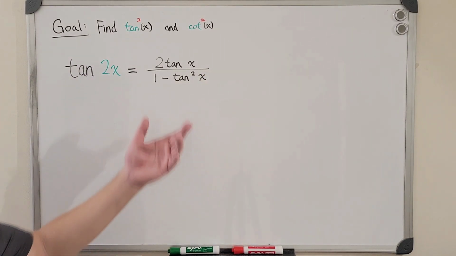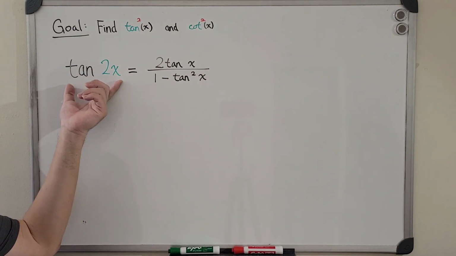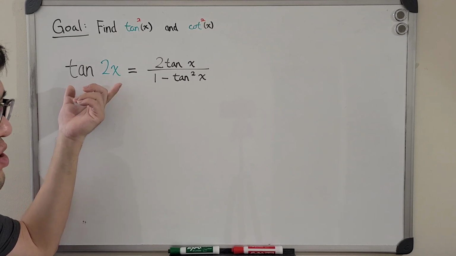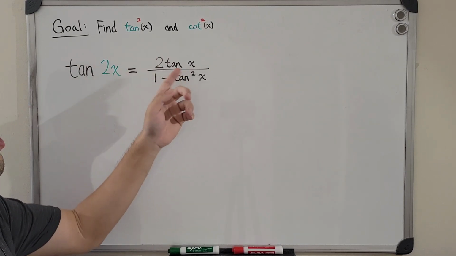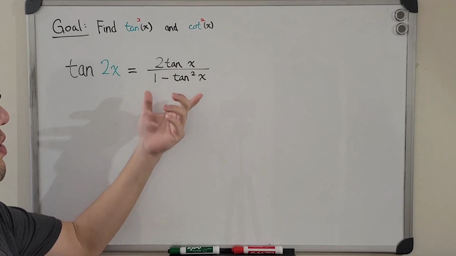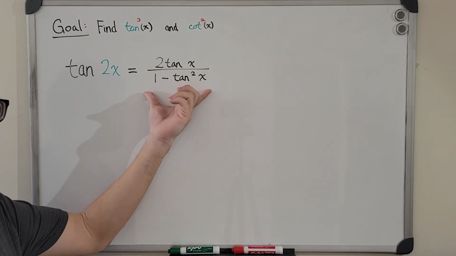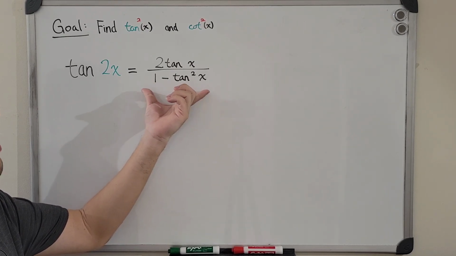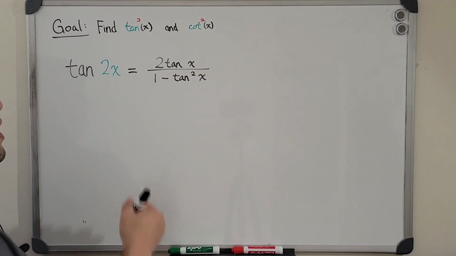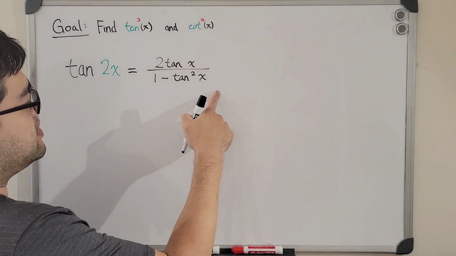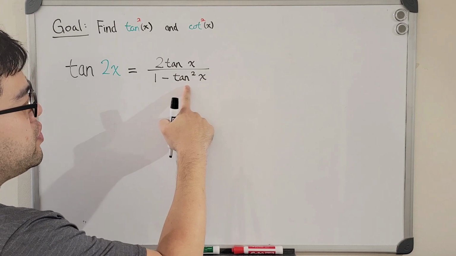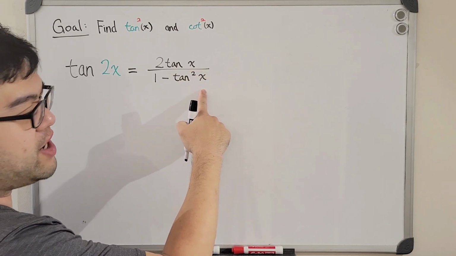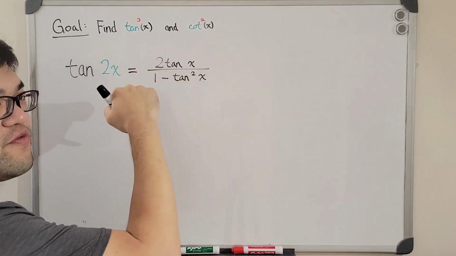Of course, you can also just use sine of 2x over cosine of 2x, do the division and simplify it into this form, and you should get the same result. Now we can see that on the right hand side there is a tangent² of x, which is something that we want to find.